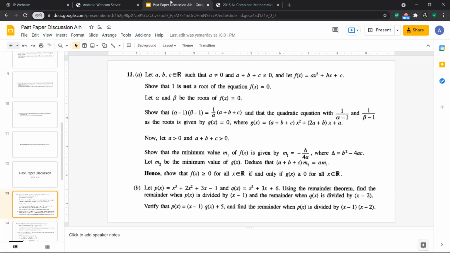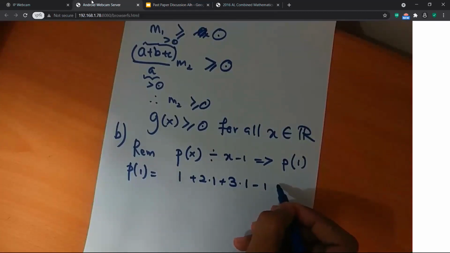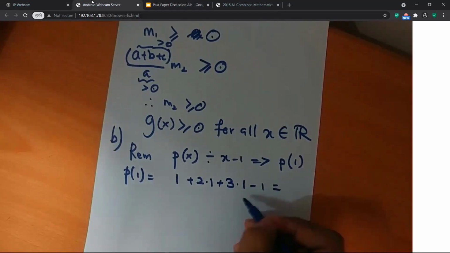What is p(x)? It is x cubed plus 2x squared plus 3x minus 1, so 1 cubed plus 2 into 1 plus 3 into 1 minus 1. 2 plus 3 is 5, the 1s cancel off, so the answer is 5.